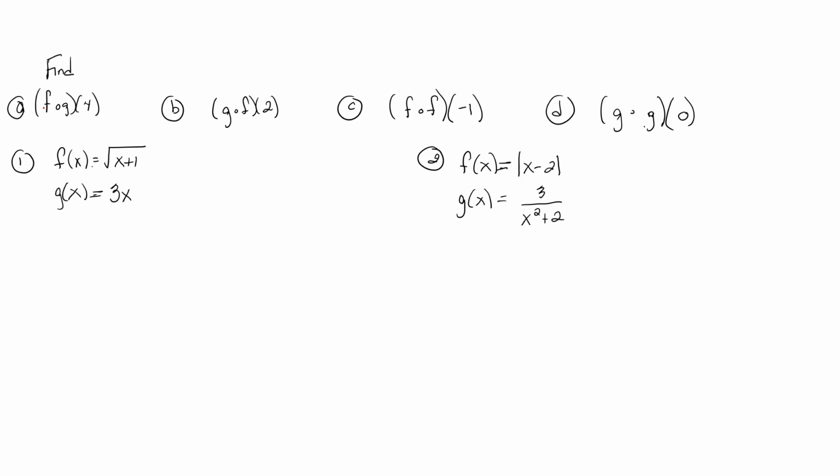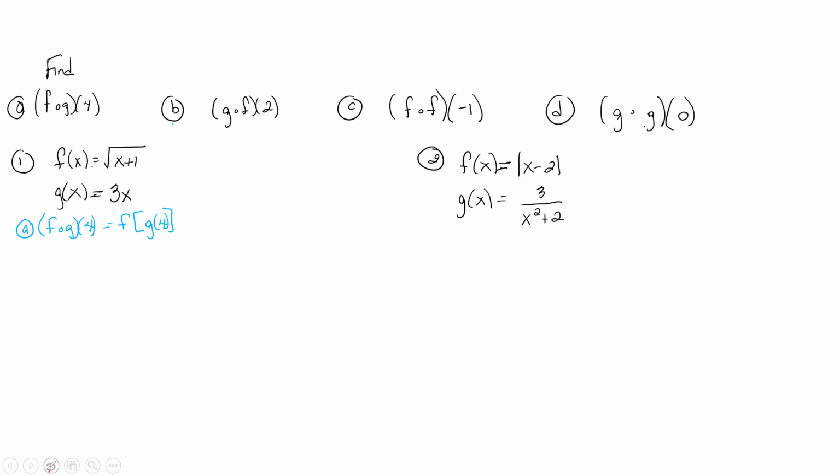Okay. Now, let's look at these. They ask me 4 questions, A, B, C, and D, and they've given me 2 problems to work on. So, let's look at problem number 1 first. Problem number 1 says they want us to find f composite g of 4. Well, by definition, that's f of g of 4.